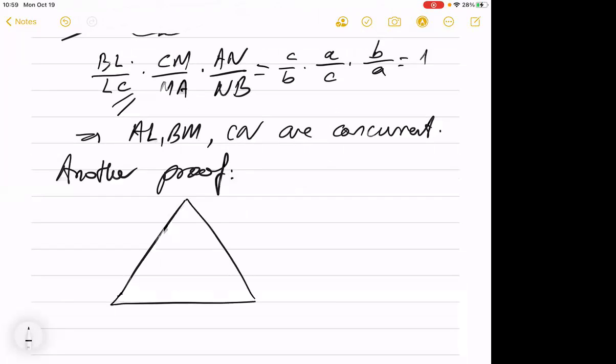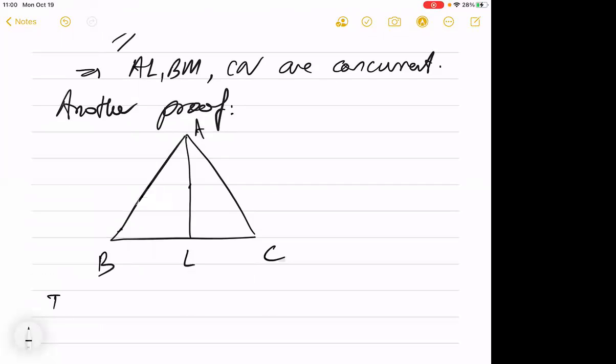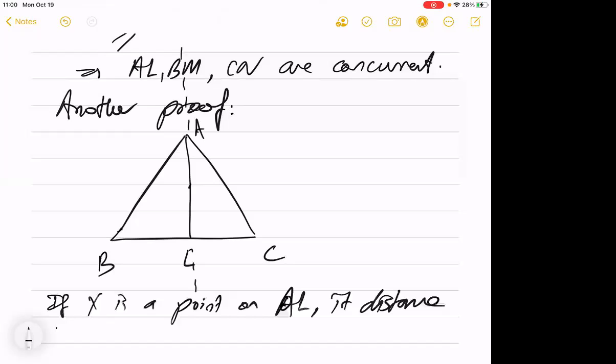This is A, B, C. When we draw this angle bisector, if you take any point on AL, say X, on the whole extended line AL, its distance to AB and its distance to AC are the same.